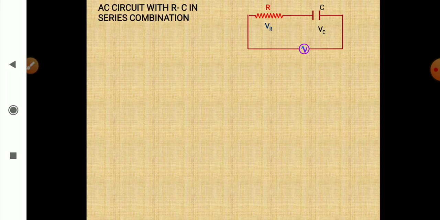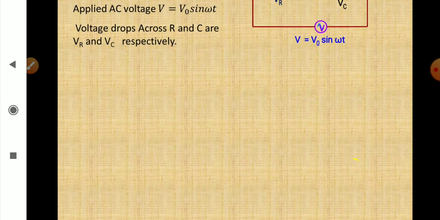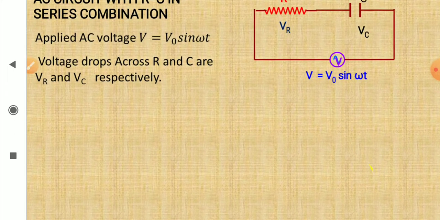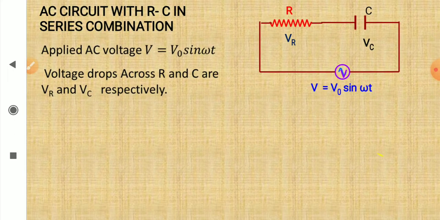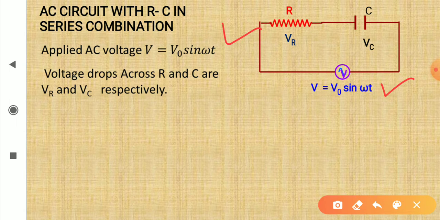Let's see what happens when we have RC circuit in series combination, and here you can see, look at it. We are going to give it similar treatment. So you have this applied voltage V0 sin omega t.